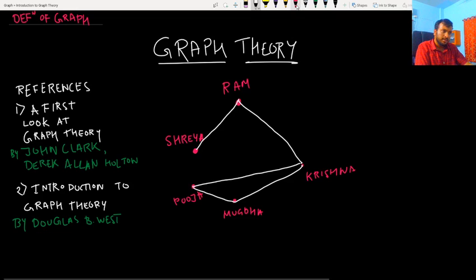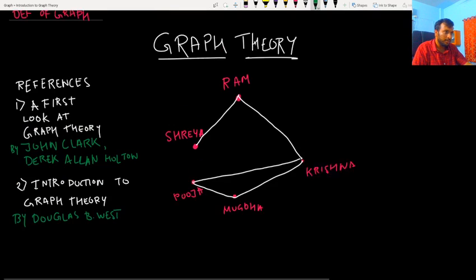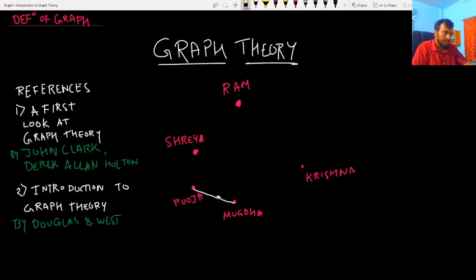But it doesn't matter. Even if I had represented this graph, I'll draw it again here, say the same graph, maybe I'll draw it on top of it. Even if I would have represented these straight lines by some curved lines, it wouldn't have mattered.